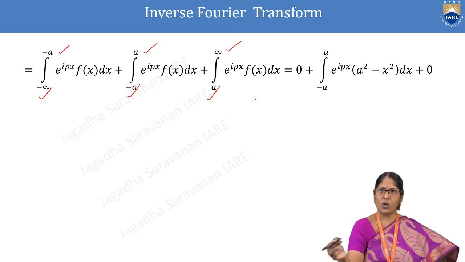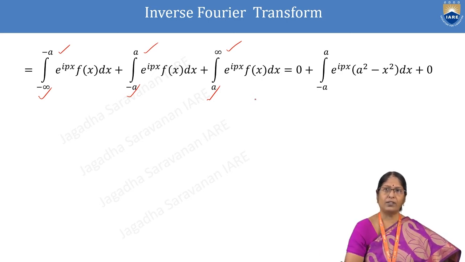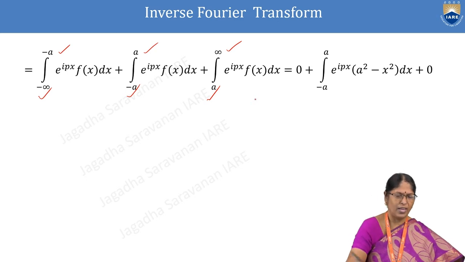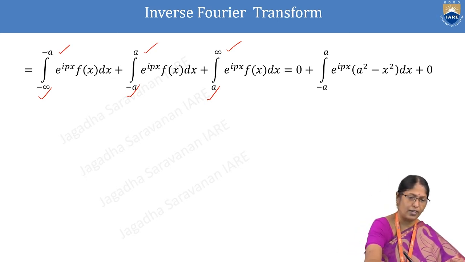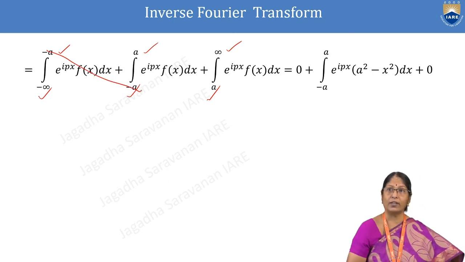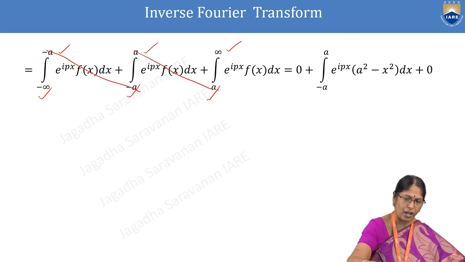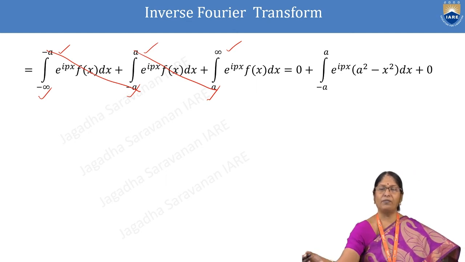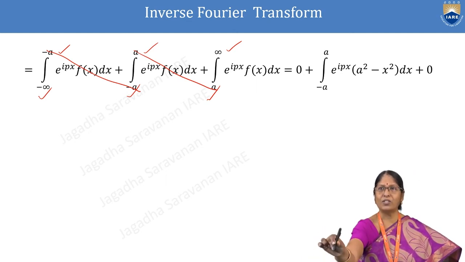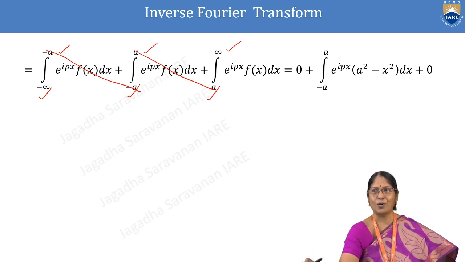So we can cross check whether we inserted correctly. An easy way: minus a we inserted, up and down it is there. A we inserted, up and down it is there. The remaining part is minus infinity to infinity, that's what is there in the formula.